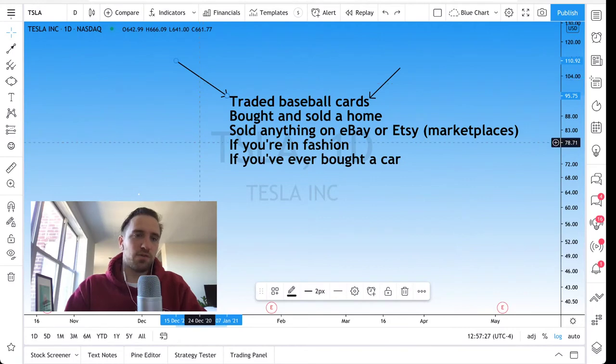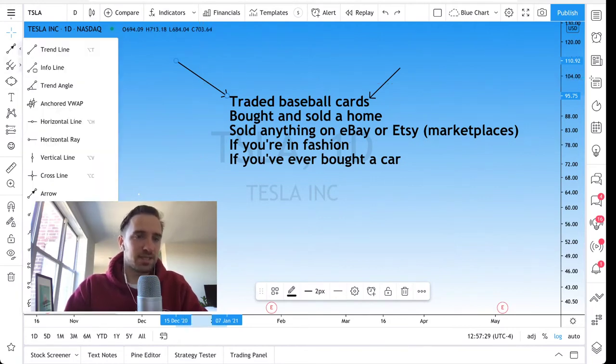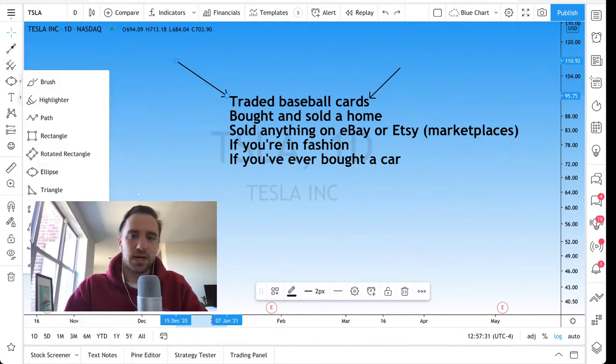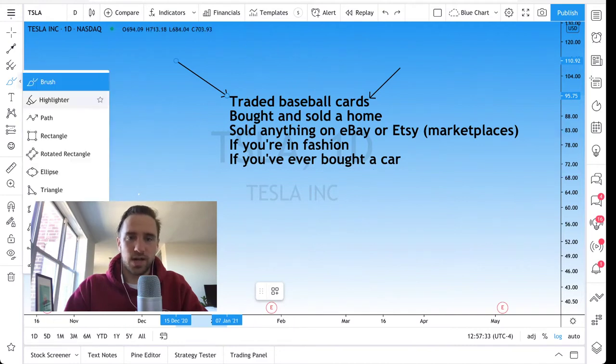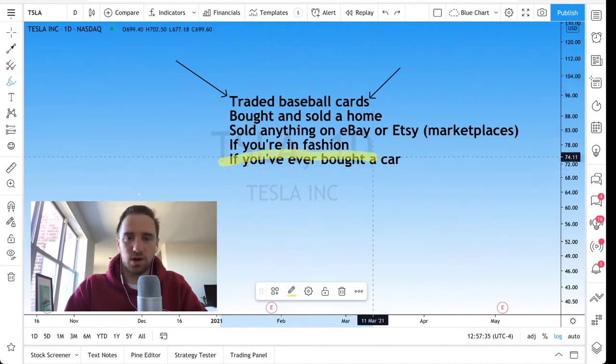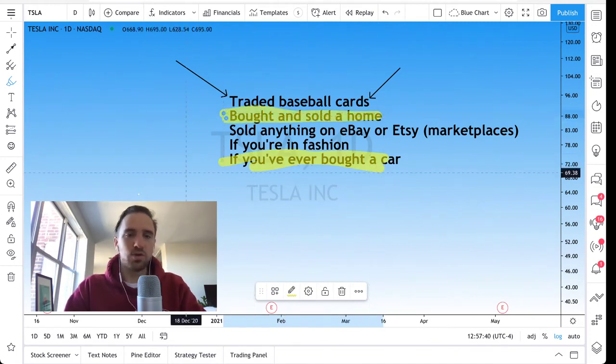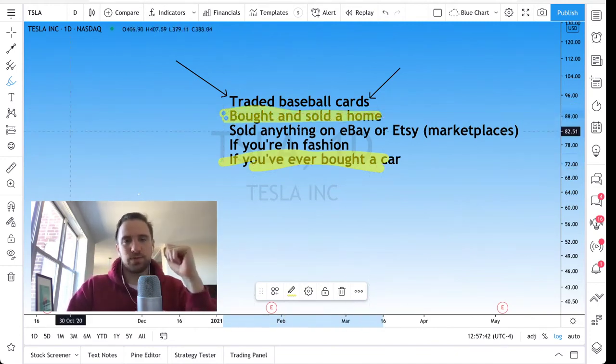What's another one? Well, if you've bought and sold a home, what happens? And this is similar to if you've ever bought a car as well. If you've bought a car, or if you've bought and sold a home, you do hours of research. You look into all of the comparable prices, features. Does the home have room for expansion?